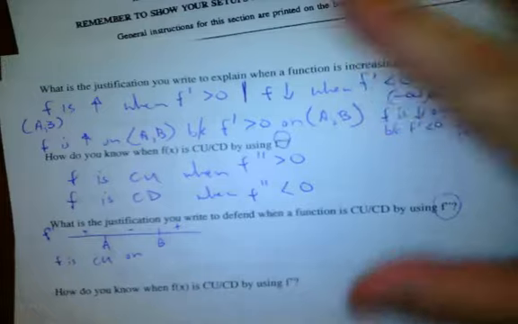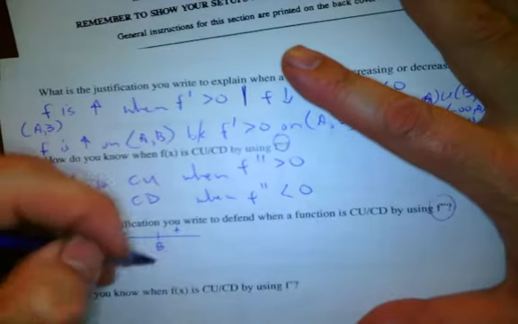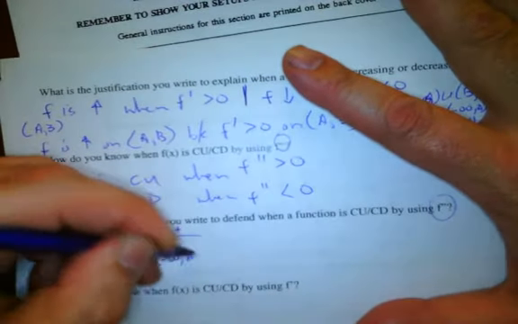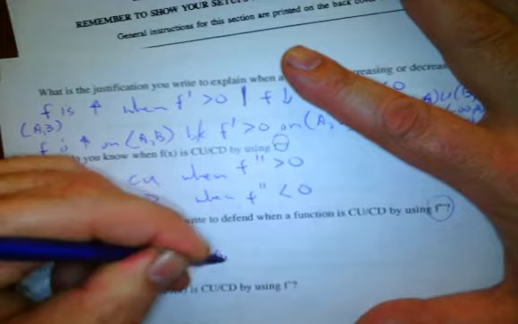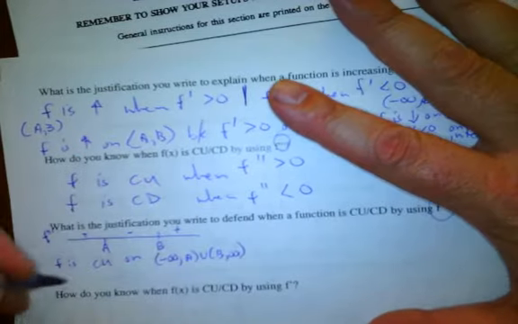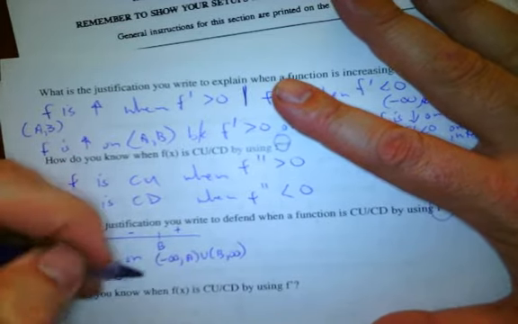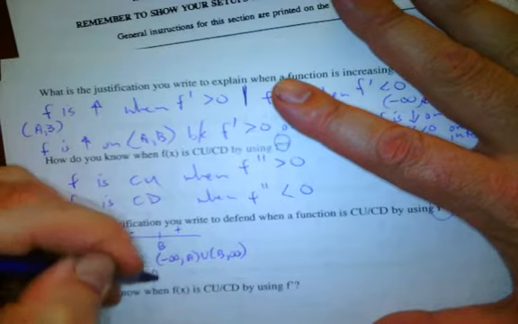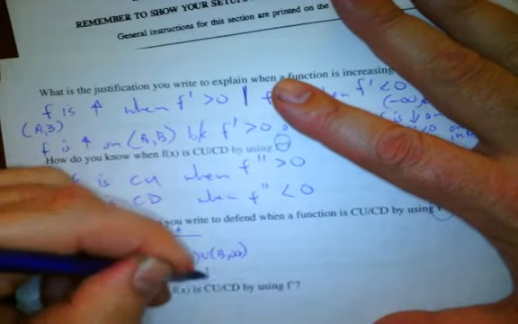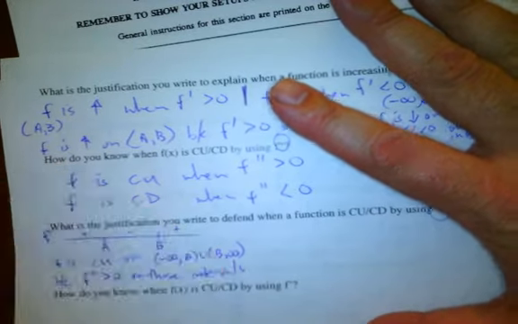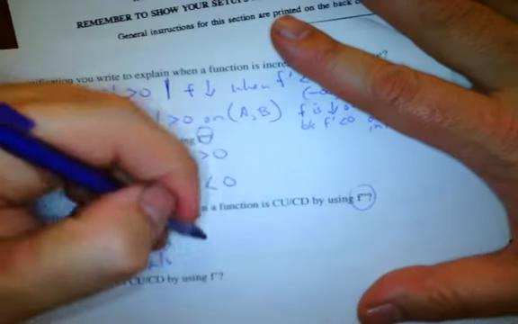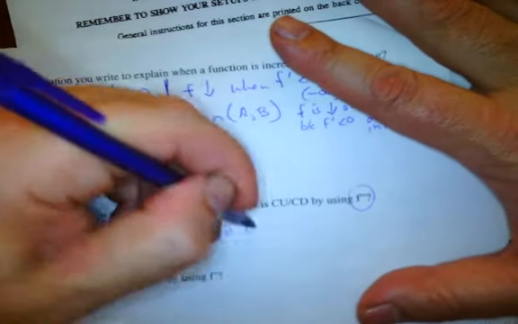So I would say f is concave up on negative infinity to a union b to infinity because f double prime is greater than 0 on those intervals.